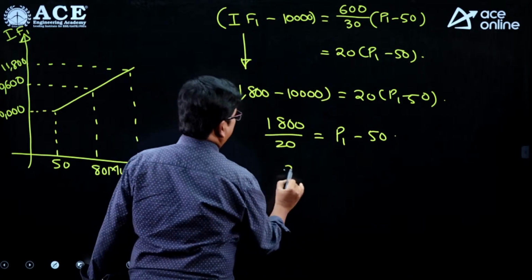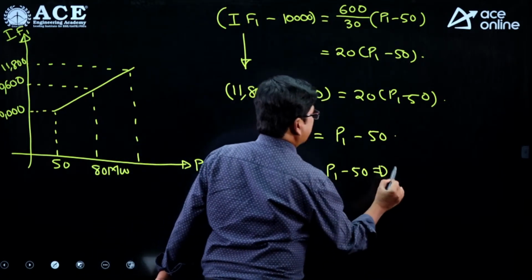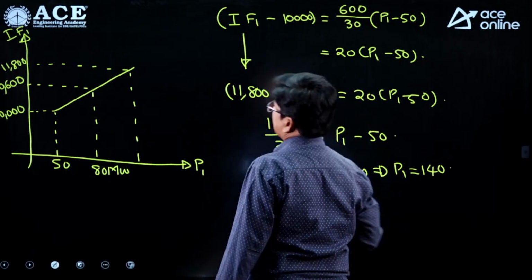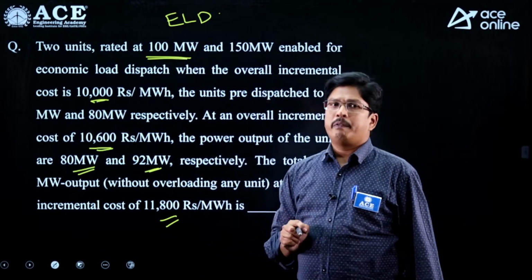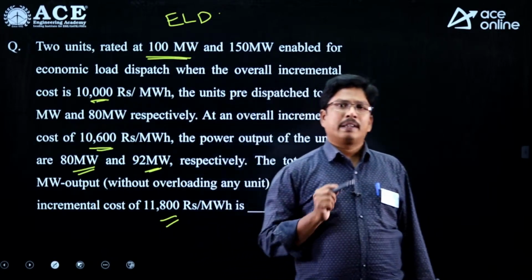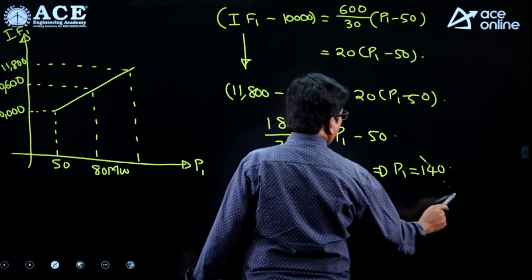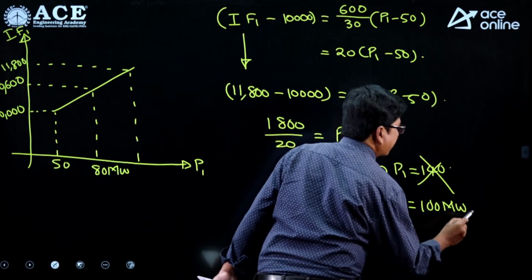It will be 90 is equivalent to P1 minus 50, where P1 is equivalent to 140. But what is the value of P1? P1 you have to maintain is only 100 megawatt. Without overloading any plant, the value of P1 should be 100 megawatt. So don't take 140, you have to take it as 100 megawatt only.